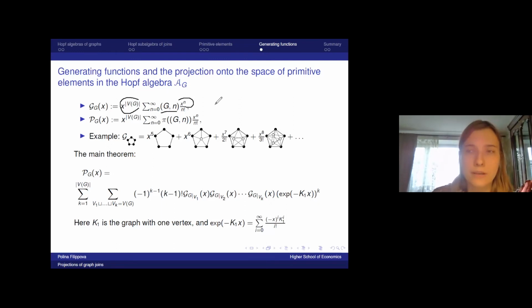Now we obtain a generating function for projection by substituting projection P instead of Gn. Now, for example, if G is a cycle of 5 vertices, we just take this graph joined with 1 vertex, with 2 vertices, and so on.